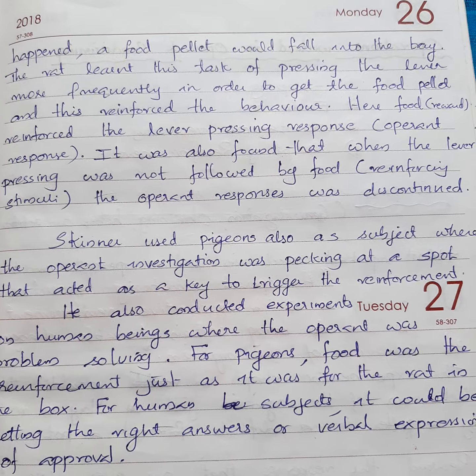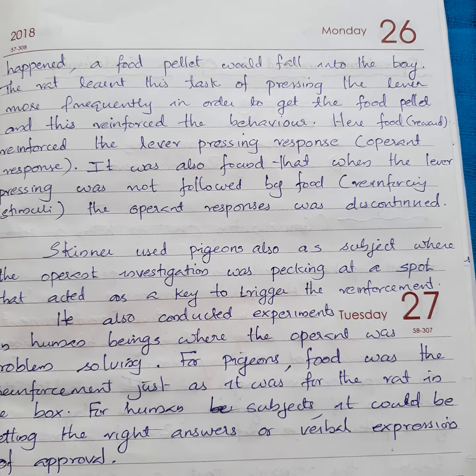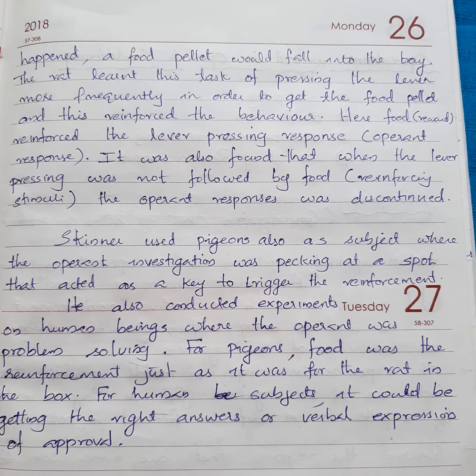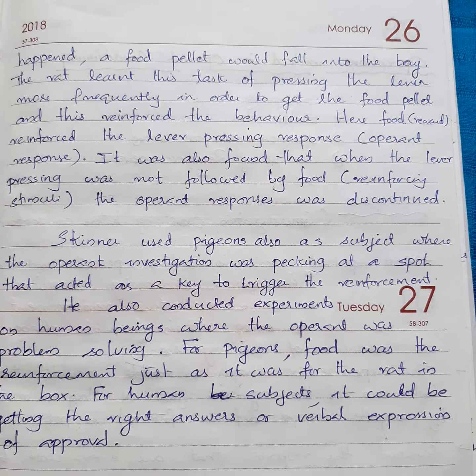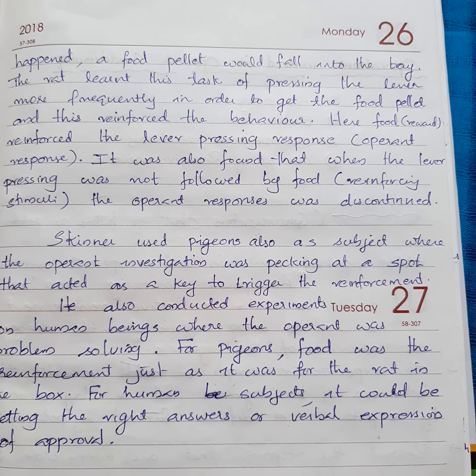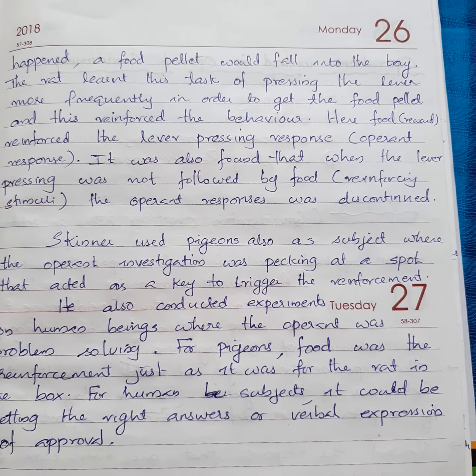As in the previous experiment, the operant behavior got strengthened. In this experiment, the operant behavior is lifting the head to a particular height and pecking at a particular spot. This operant behavior is reinforced by supplying food.